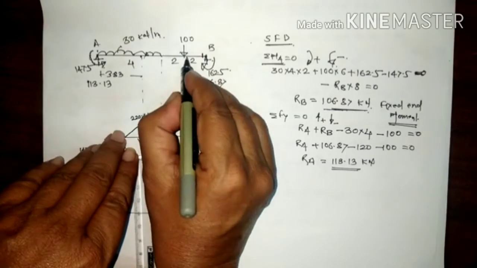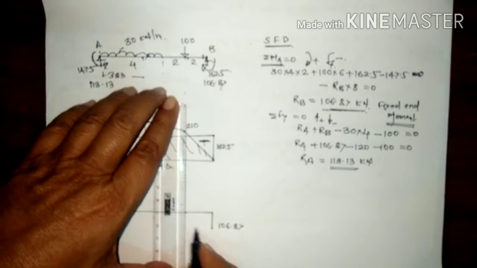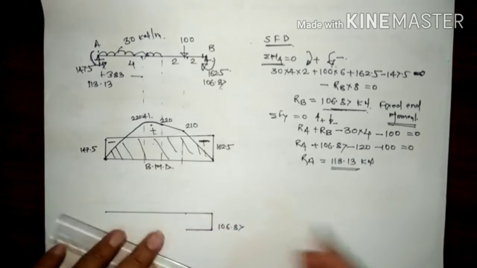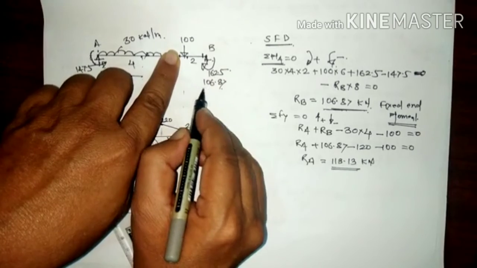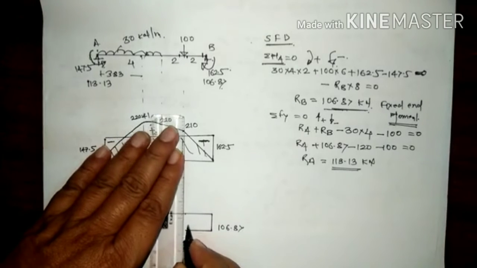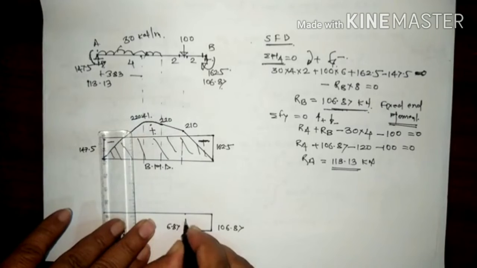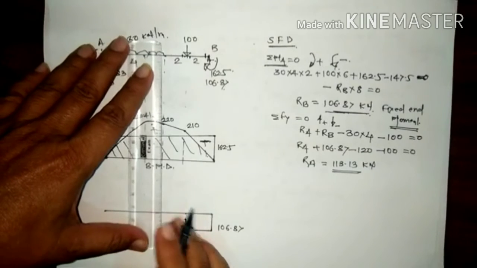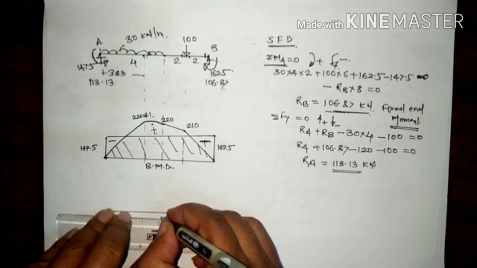Now this shear force is constant up to here. Now if you find the shear force here, how much is the negative 106.87 plus 100, that is minus 6.87. So here is again 6.87. Now from here to here it is constant. So up to here, this shear force is constant.